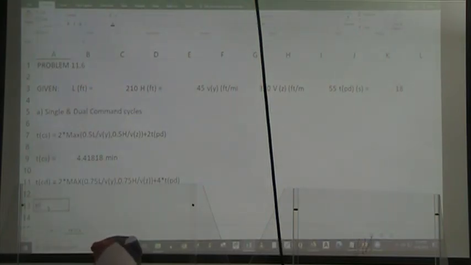All right, so the time for dual command is going to be equal to 2 times the max of 0.75 times length divided by my Vy, or 0.75 times the height divided by Vz, plus 4 times the pickup time, but again, that has to be divided by 60.